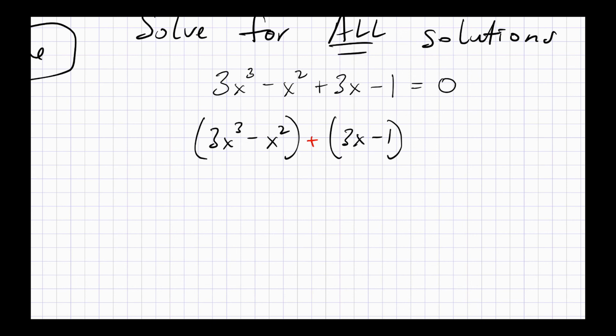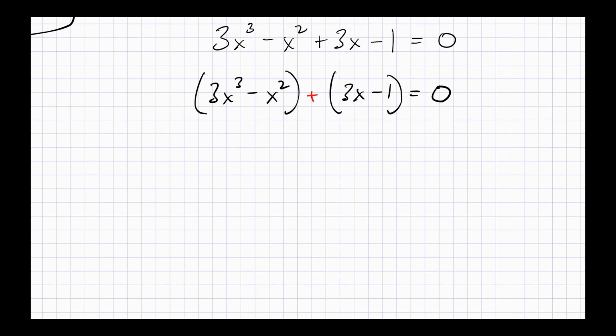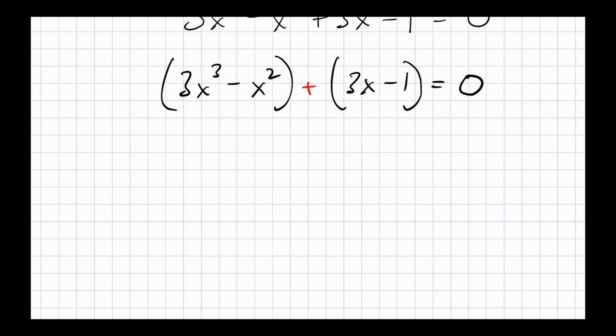Plus sign in the middle. The first two have x squared as their GCF. So that's going to leave 3x minus 1.